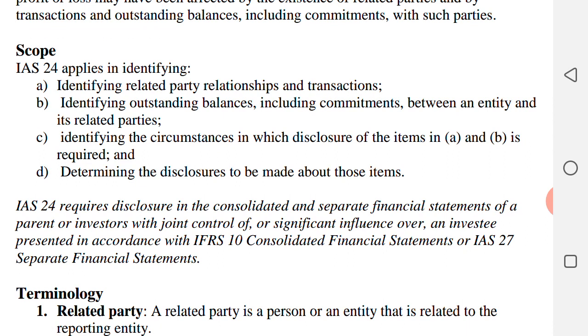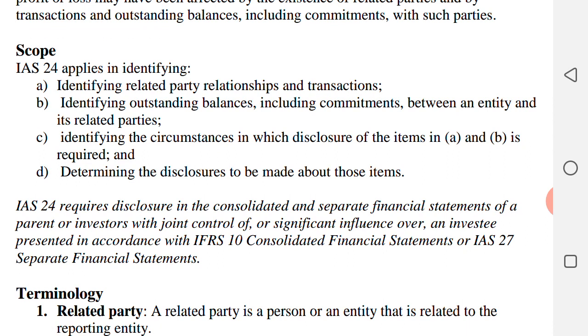Just like when you have a store and you have a storekeeper or a sales rep there. Now, when the sales rep purchases an item from the store, that sales rep is a related party to that store.